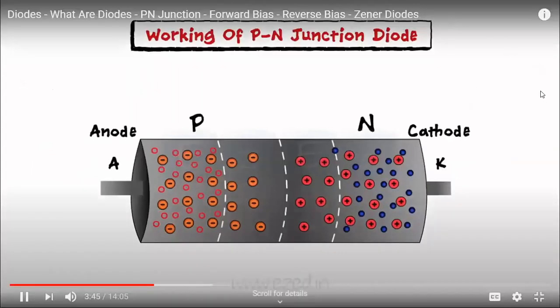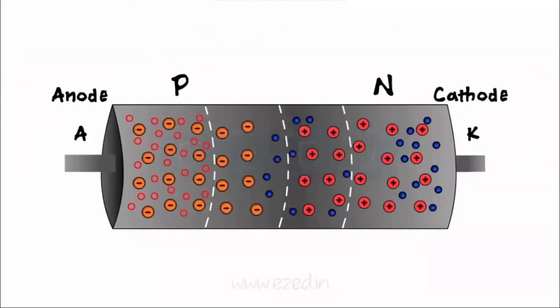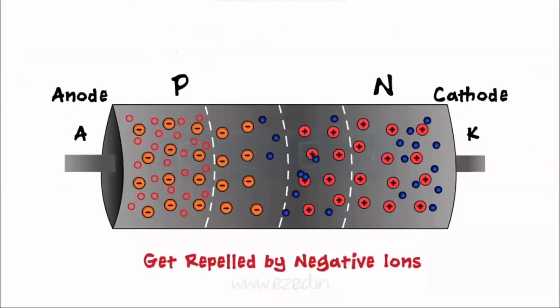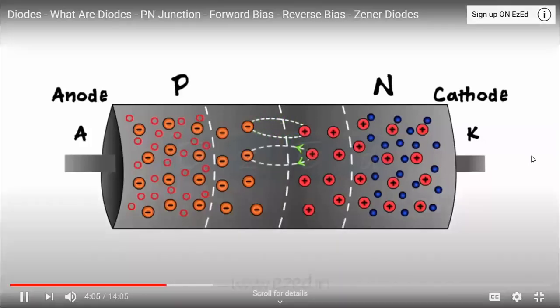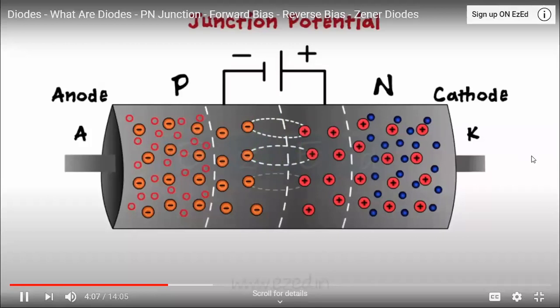The motion of electrons doesn't stop immediately after the formation of the depletion region, but as they cross the junction, they get repelled by negative ions on the P side. Hence, at this point, motion of the electrons stops. These charged ions develop an electric field in the depletion region known as junction potential.